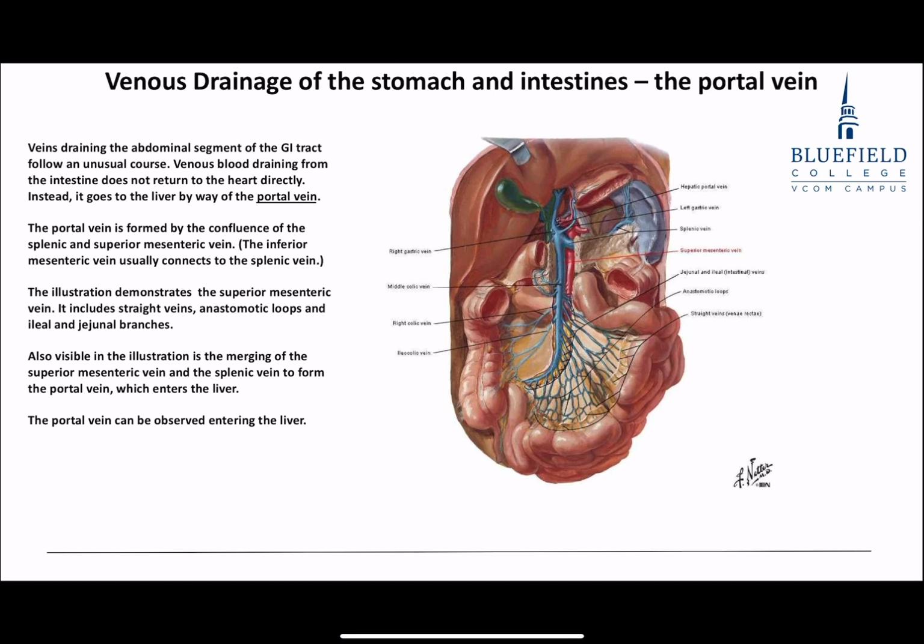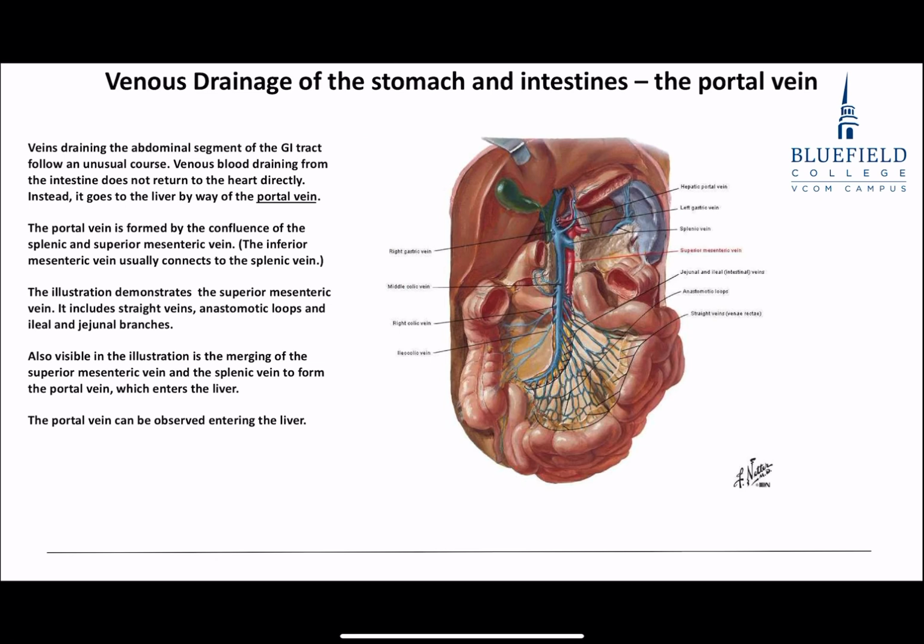Notice how these jejunal and ileal branches go out through the mesentery towards the wall of the GI tract. But notice how they start to make these loops. They're called arcades. See how these are direct anastomoses.